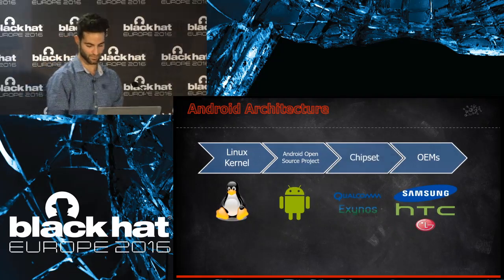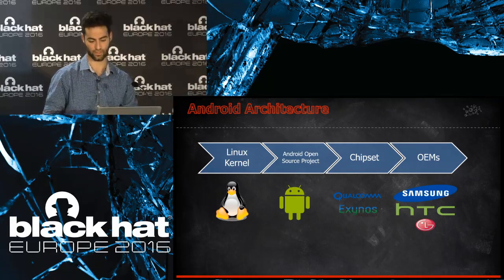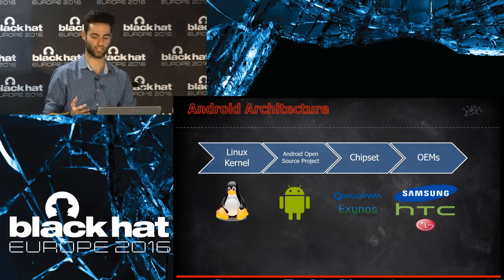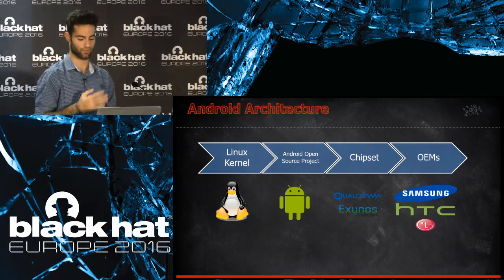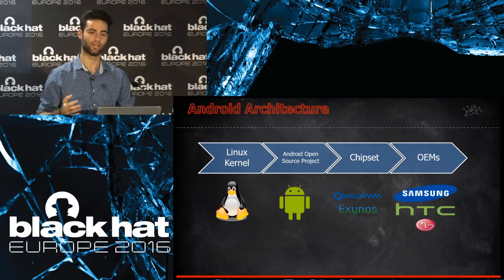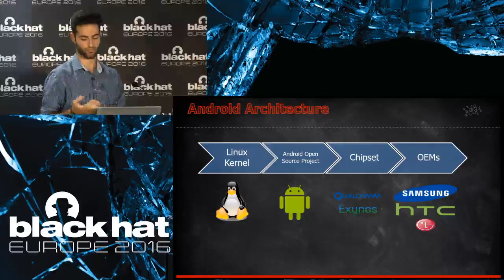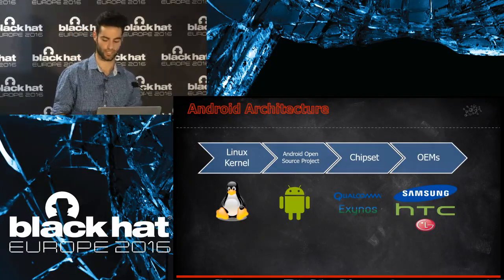The chipset has a very important role in the supply chain of Android for two main reasons. First of all, most of the chipset modifications are usually very essential and at a very low level in the system. That means that if we find a security bug, it often leads to game over in the pursuit of privilege escalation in Android.